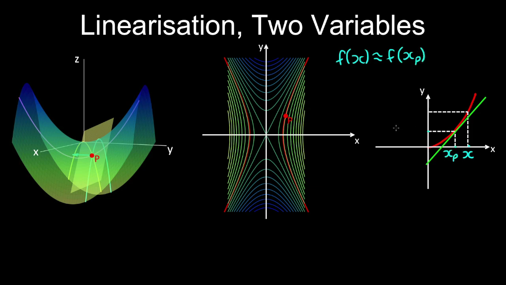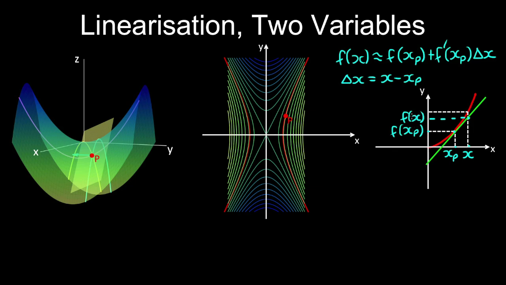So this is the value of the function at xp plus the derivative evaluated at xp, giving the slope of the tangent at xp, multiplied by delta x. So delta x was x minus xp. So that gives this value of f of x being the linear approximation.